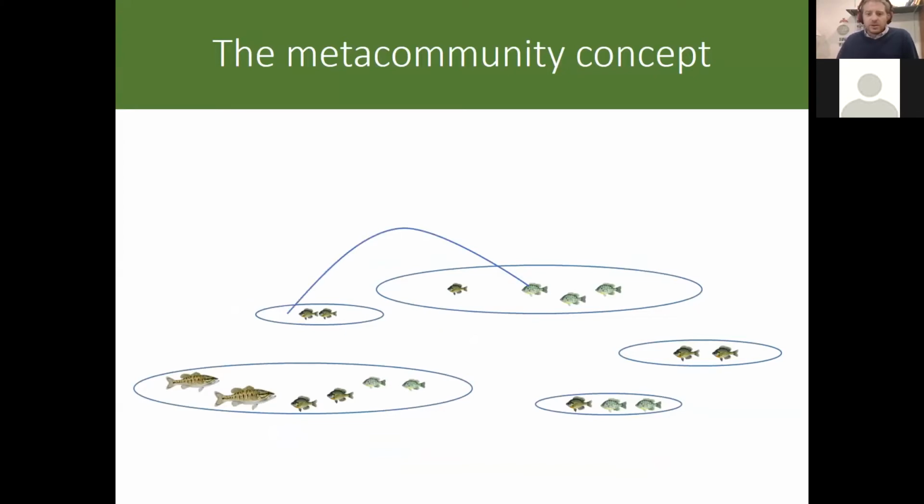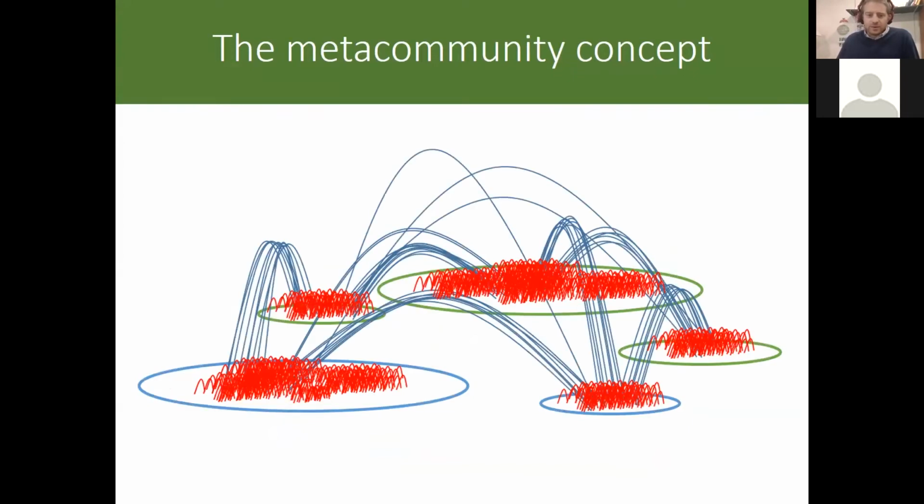But it also recognizes the importance of dispersal amongst the patches within a landscape. And there are a number of different hypotheses that take into account the relative importance of dispersal amongst our units in the landscape, and also the importance of that relative to local interactions.